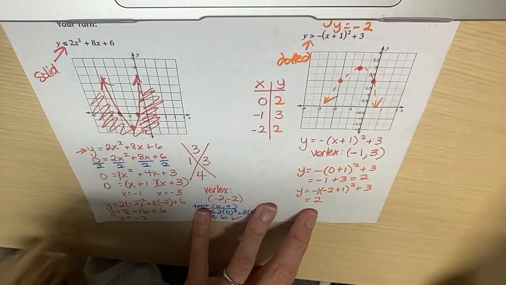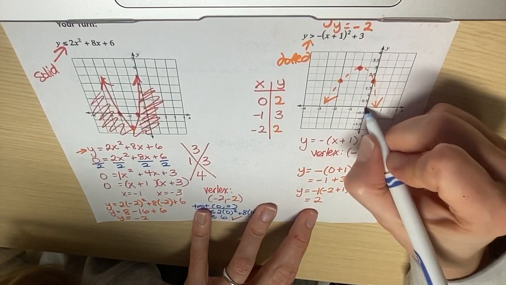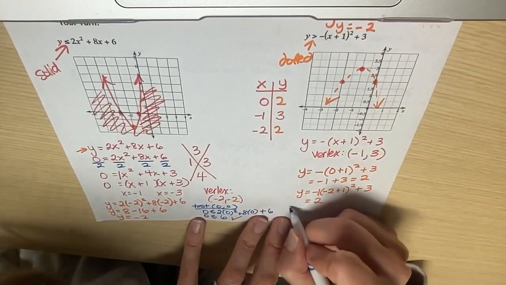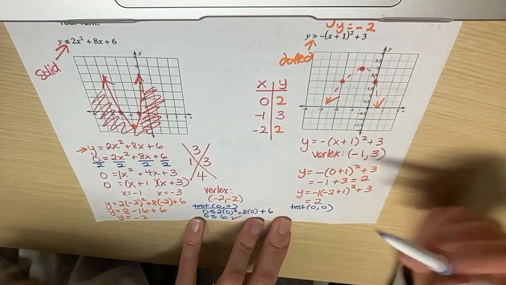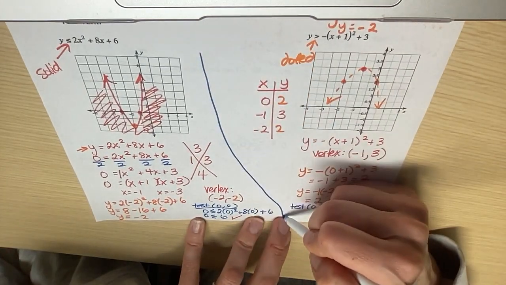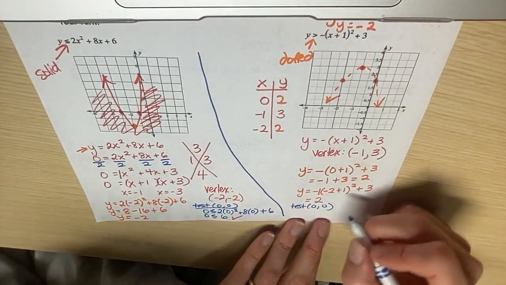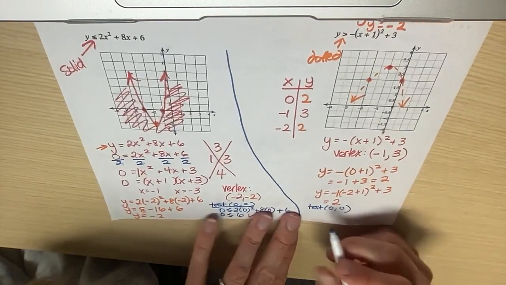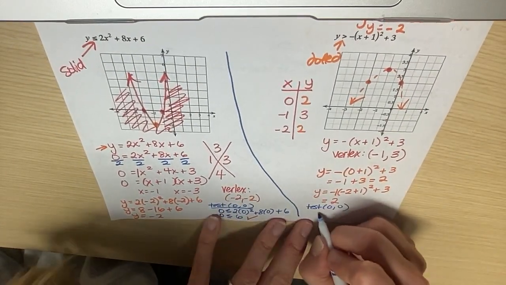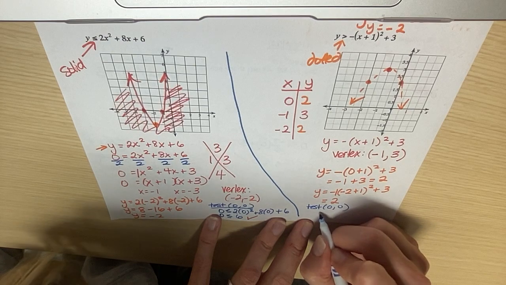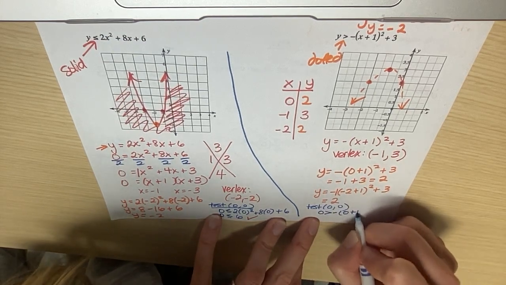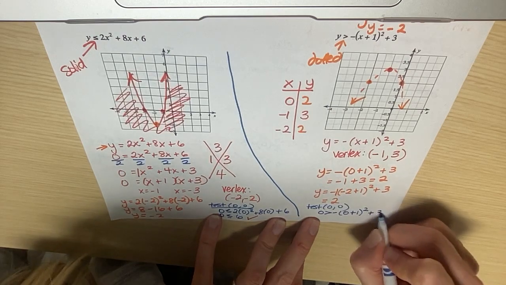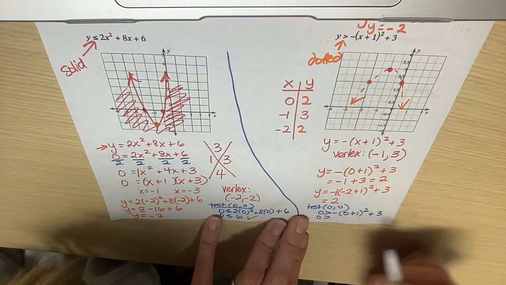And I'm going to use 0, 0 for my test. So, remember, you have to test with inequality. So 0 is greater than negative 0 plus 1 all squared plus 3.